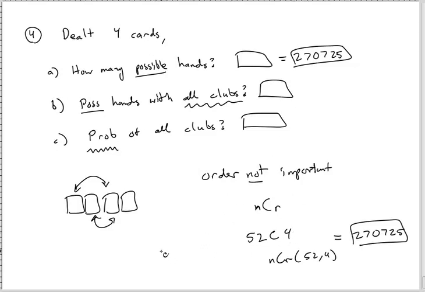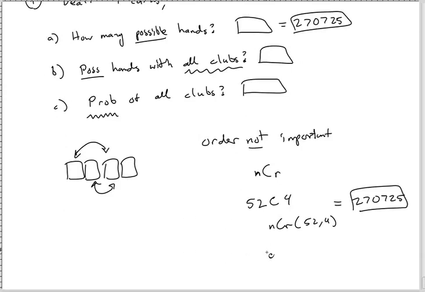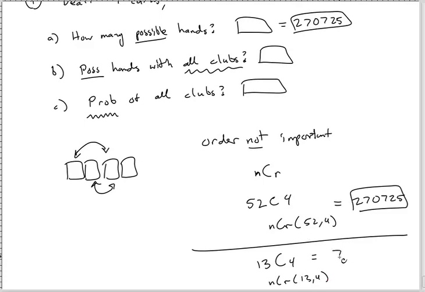I'm going to scroll down a tiny bit. I would say there's 13 clubs. And again, I'm only going to select 4. So nCr 13, 4. We should get something much smaller this time. Yeah, I got 715. And so that goes right here, 715.